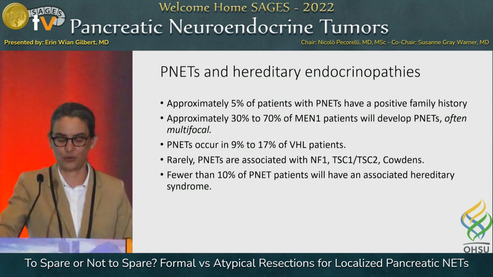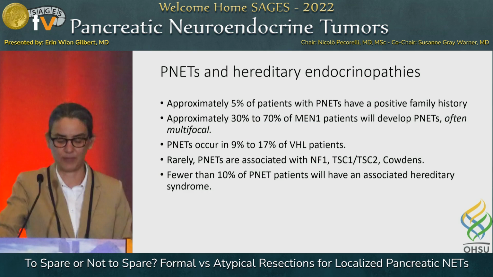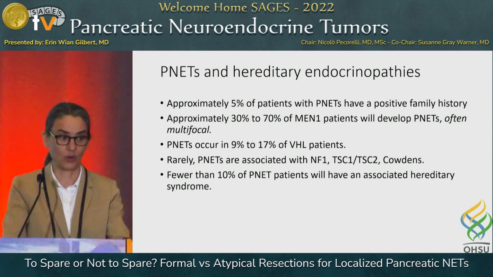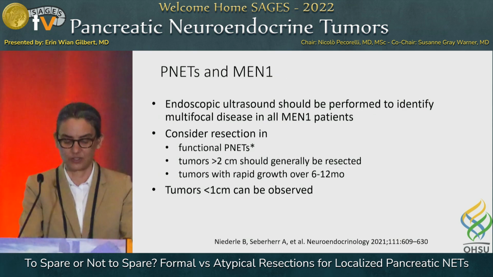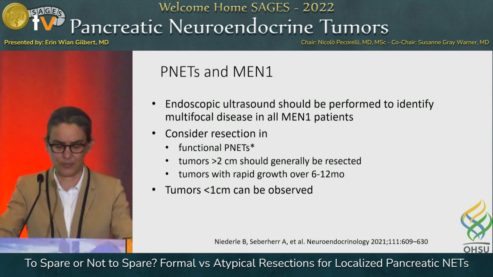But altogether, fewer than 10% of pancreatic NET patients will have an associated hereditary syndrome. So specifically regarding the MEN patients, they should all have preoperative endoscopic ultrasound assessment because multifocal disease can be missed in up to 20% of CT imaging.